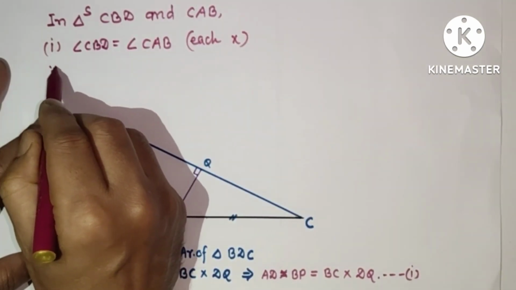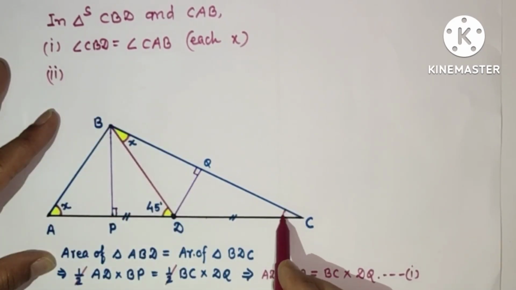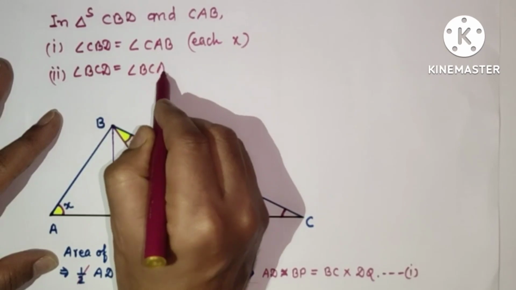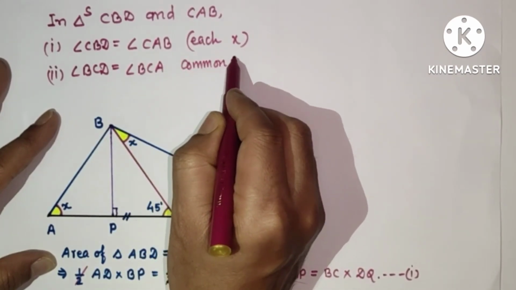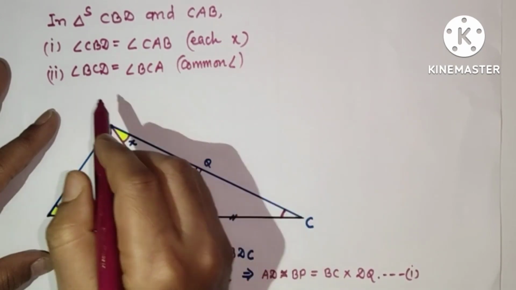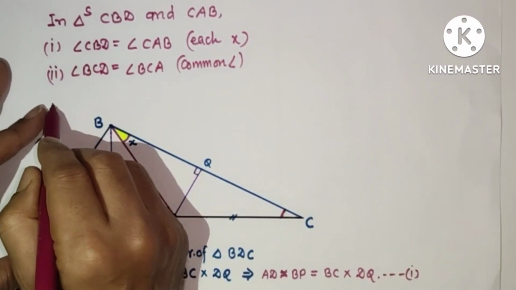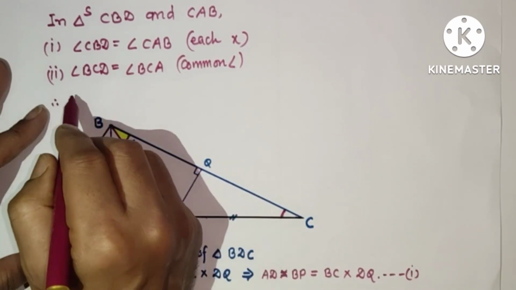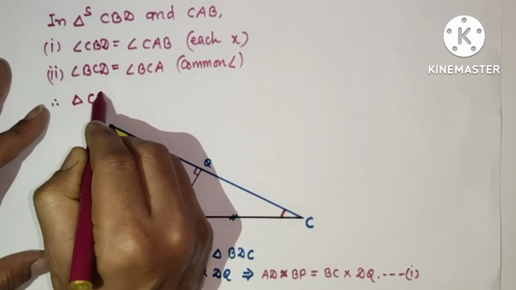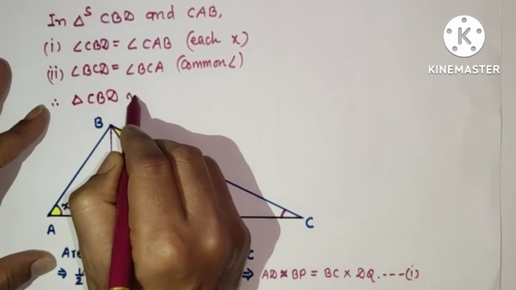And second, this angle C is common in both, common angle. So by the AA test these two triangles are similar, so therefore we can say that triangle CBD is similar to triangle CAB.